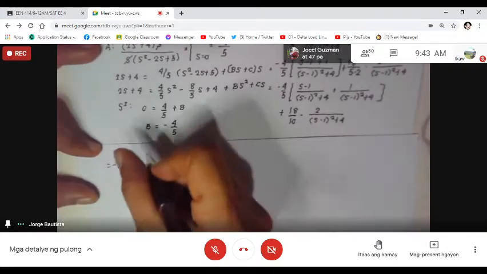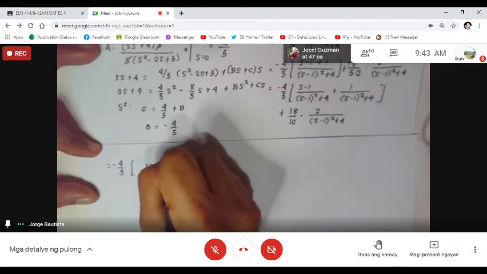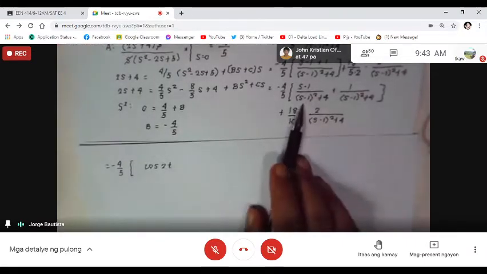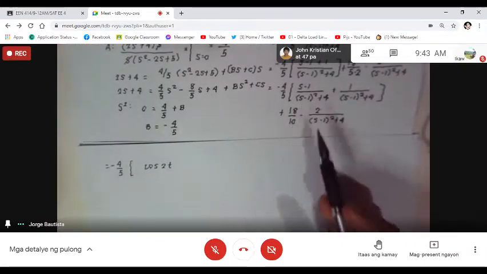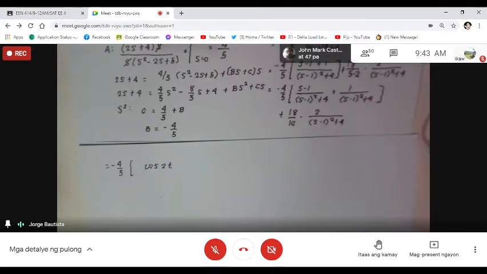So, that is cosine 2t. And then, meron tayong s minus 1, di ba? So, may s minus 1 tayo. So, kung cosine lang yan, dapat s squared.